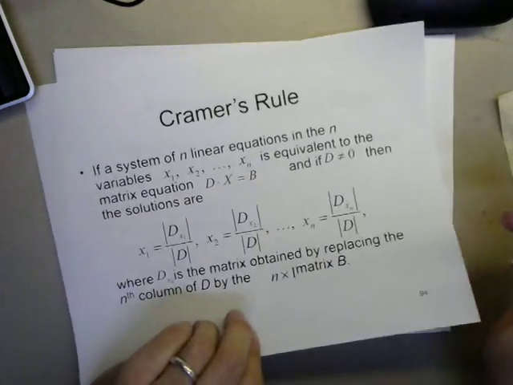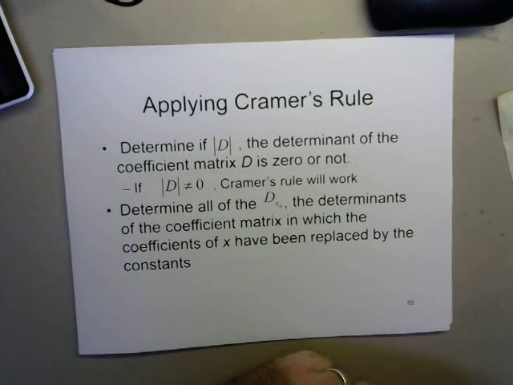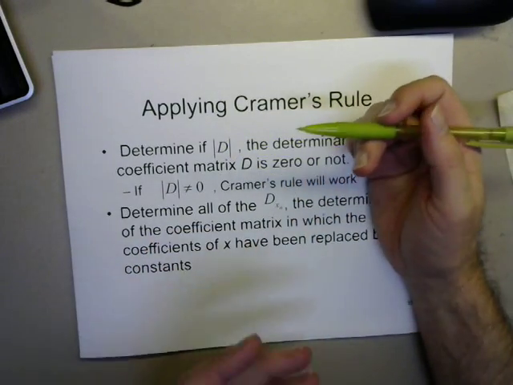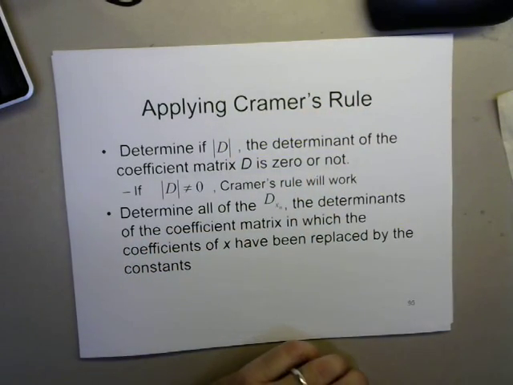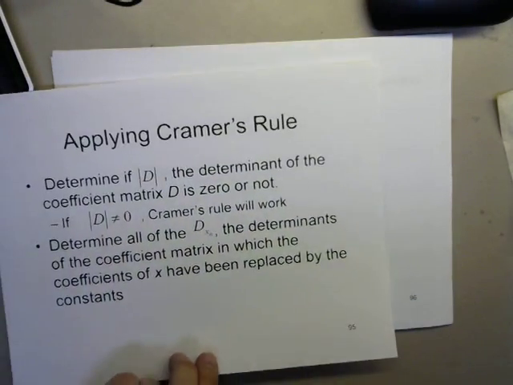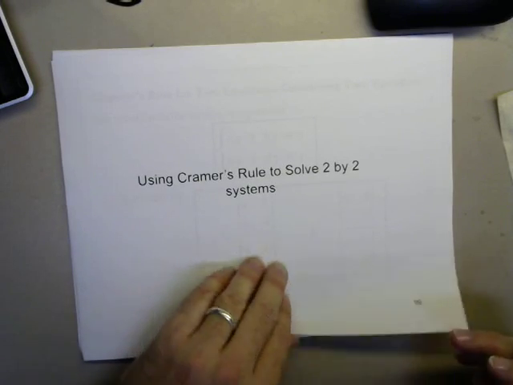So let me maybe just show you what this means by an example. And again, Cramer's rule will basically only work if the bottom determinant is not 0, right? Because you can't divide by 0, which has to do with that invertibility criterion we were talking about earlier, but you don't have to really worry about that. So let me just show you how this works with an example. I think this will make more sense.